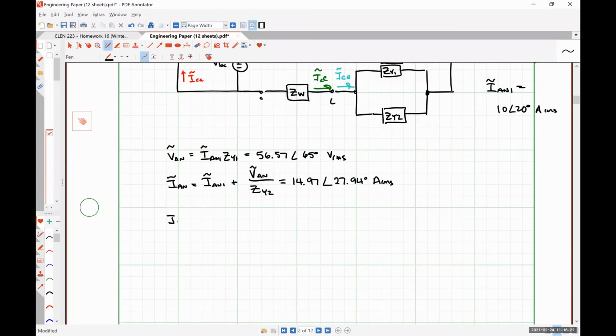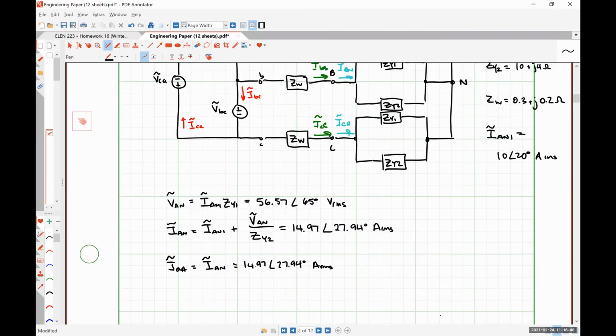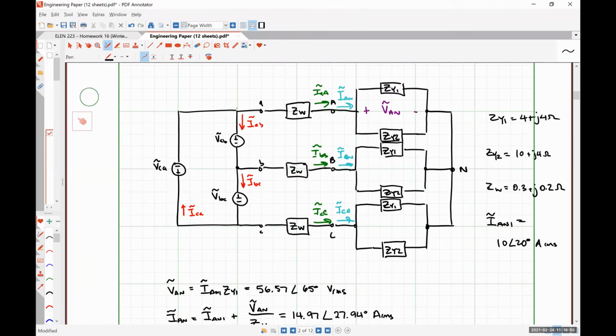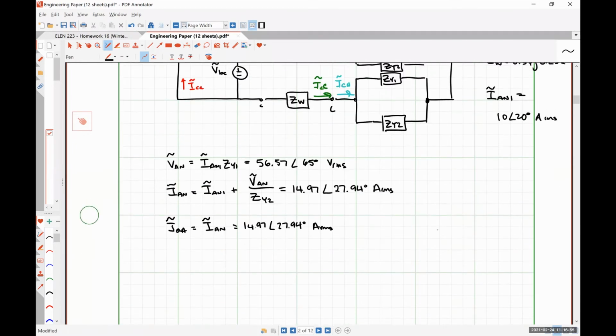We know that IAA, our line current, is exactly equal to our total phase current because we have a Y-connected system. So the line current is equal to phase current for the loads because it's Y. And now we're going to do Kirchhoff's current law at this node.